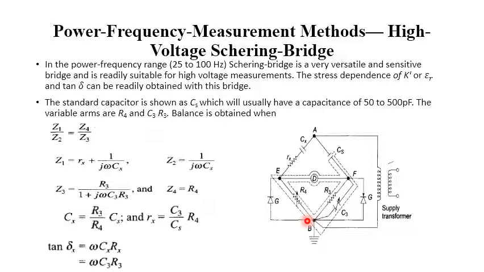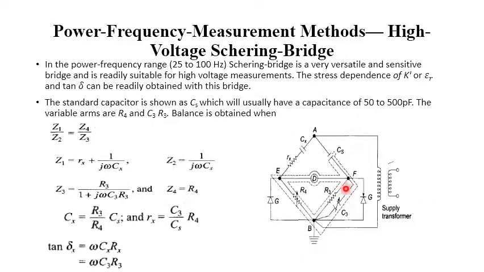The arms are usually rated for a maximum instantaneous value of around 100 volts, not more than that. For very accurate measurement of dissipation factor at power frequency, the stray and ground capacitance should be eliminated, and the indirect capacitive and inductive couplings of the arms minimized to a level lower than the accuracy of the bridge arm.